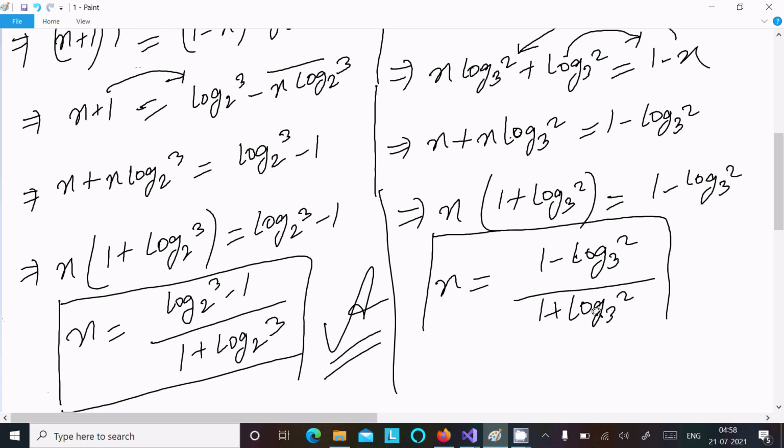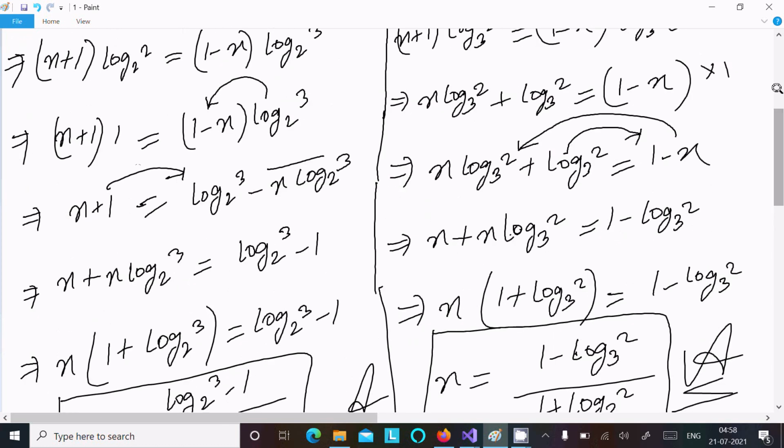So when the base is 3, you get this answer. You can select any one of these, and this is the way we can find the answer of this question. You can put in the value of log base 3 of 2 and after doing the calculation you get a decimal value as the answer.